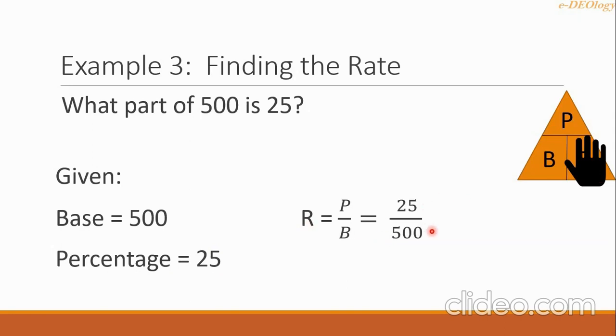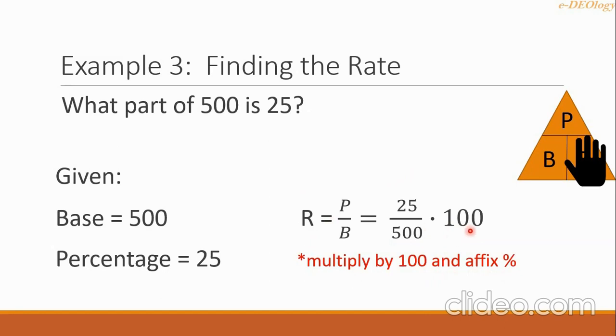over 500. We know that R is expressed in percent, so we will convert this fraction into percent. We will simply multiply it by 100, and later on we will affix the percent sign.